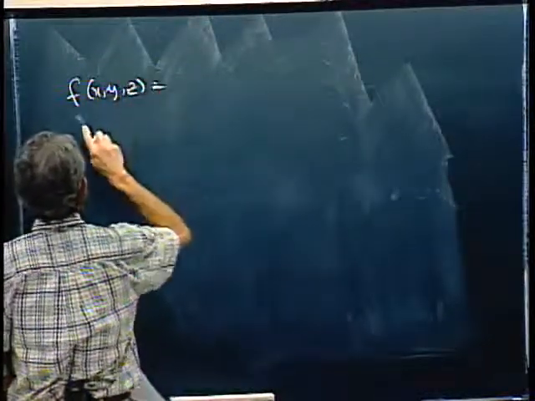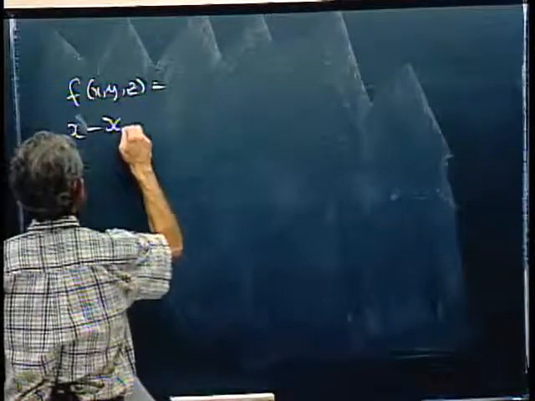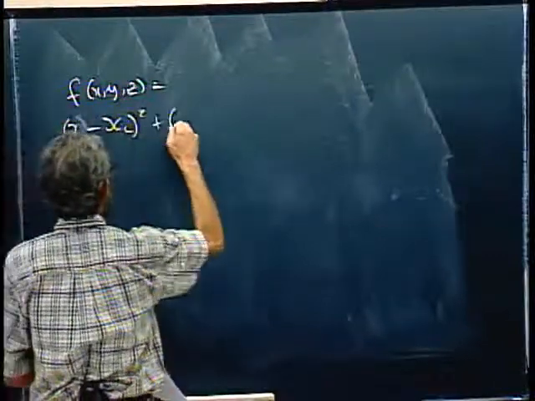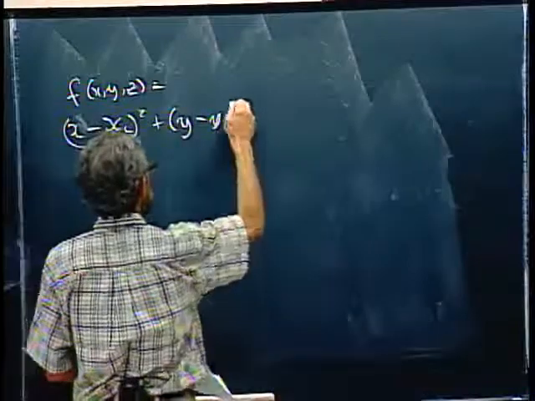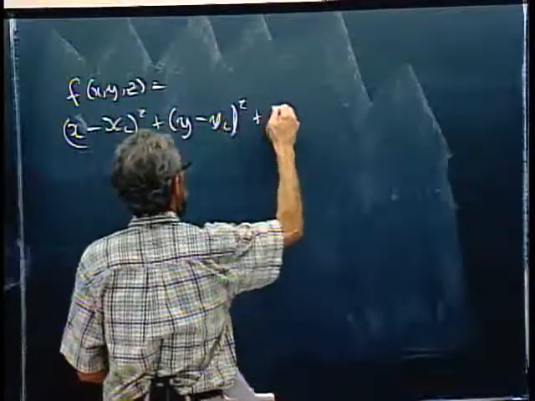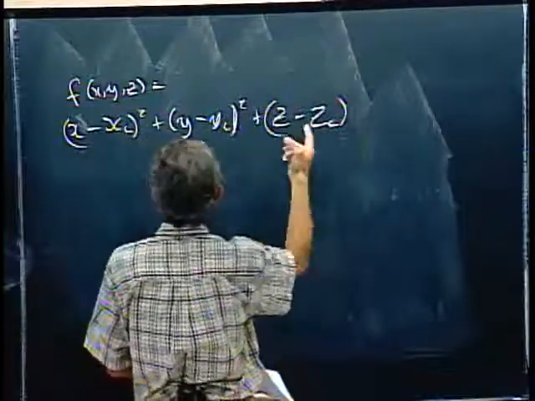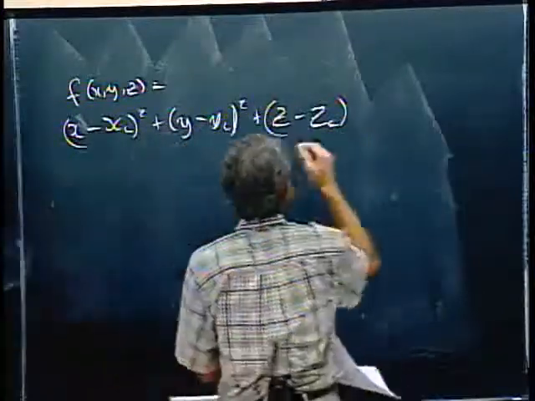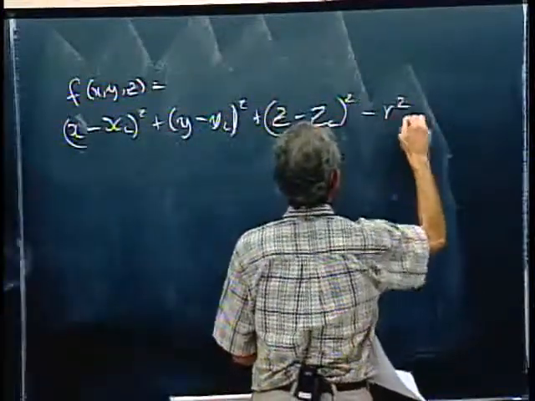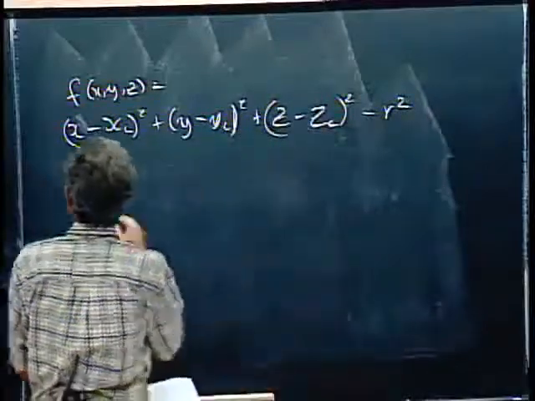Oops, that shattered. f of x, y, z equals (x minus xc) squared plus (y minus yc) squared plus (z minus zc) squared, minus r squared. The xc, yc, zc are the coordinates of the center of the sphere. That's the thing we set to 0.